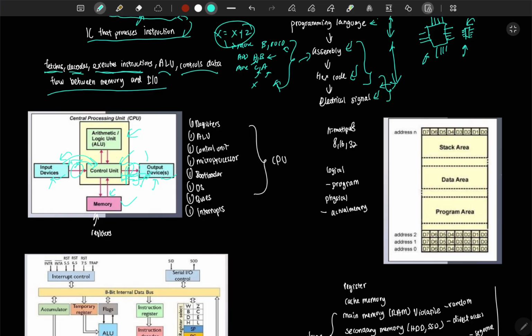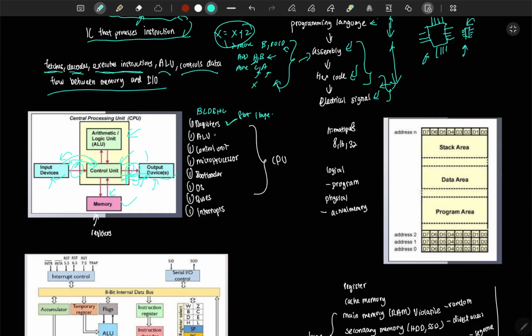Okay, now in the CPU there are registers. Registers are the smallest memory that we can have. Registers can store up to 8 bits. 8 bits means 1 byte. Okay, so the registers are B, C, D, E, H, L, we have 6 registers. I'll show you in a sec.